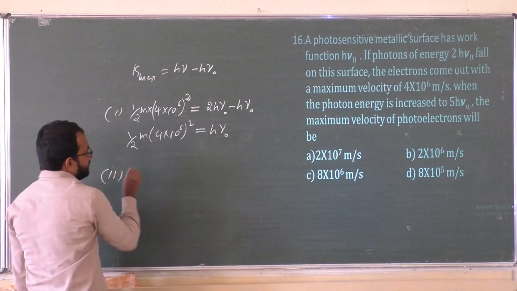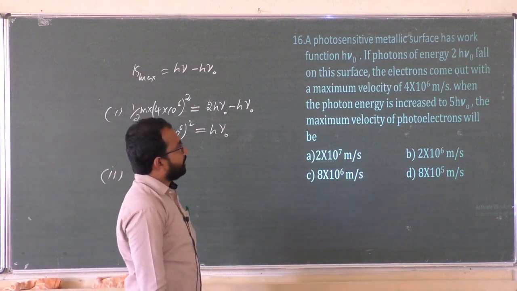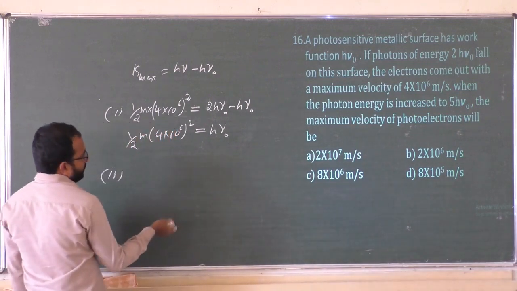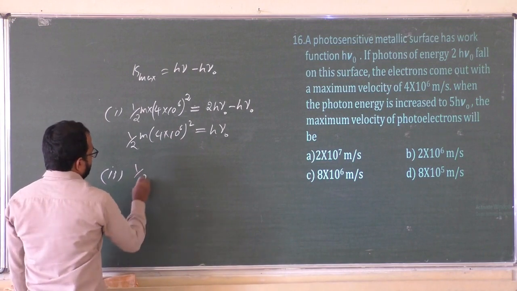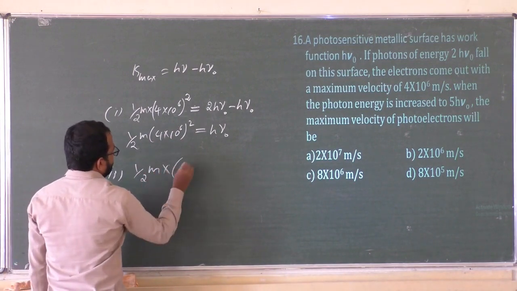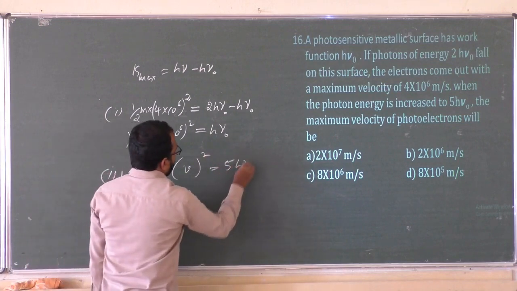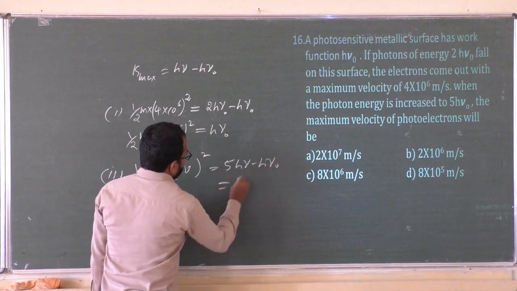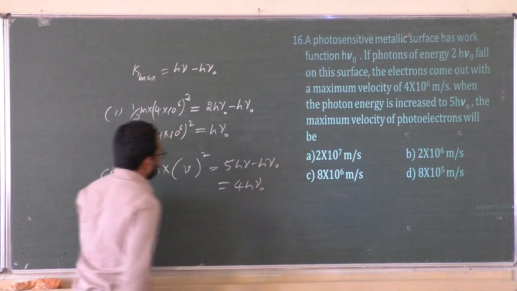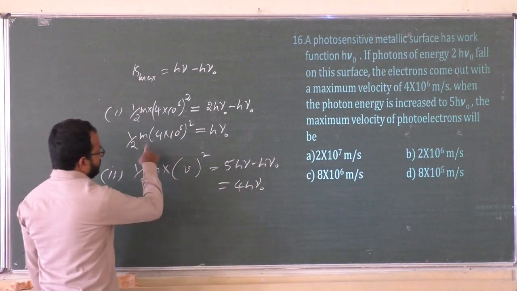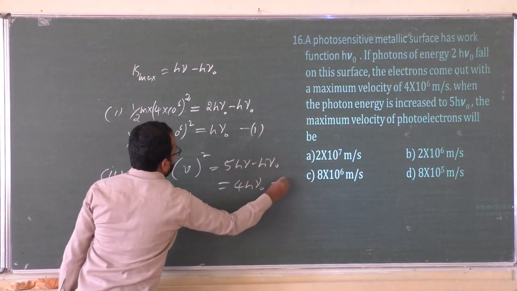For the second case, when the photon energy is increased to 5 h nu naught, 5 times the work function, what is the new value of velocity? 5 h nu naught minus h nu naught is equal to 4 h nu naught. So divide the two, equation 1 divided by 2.